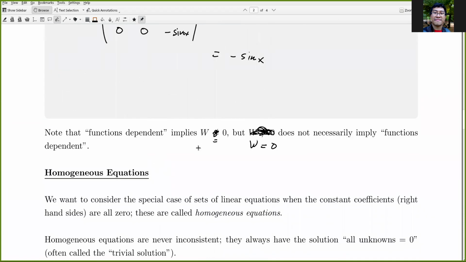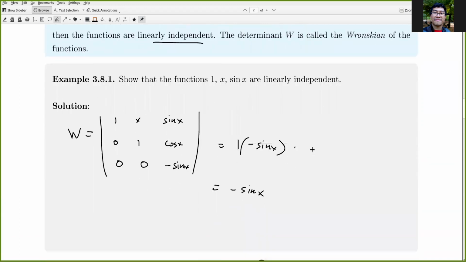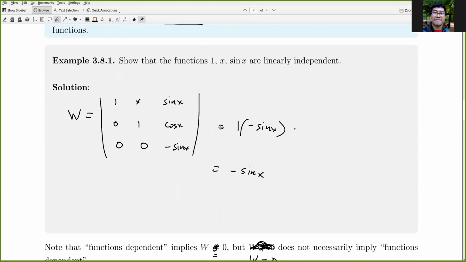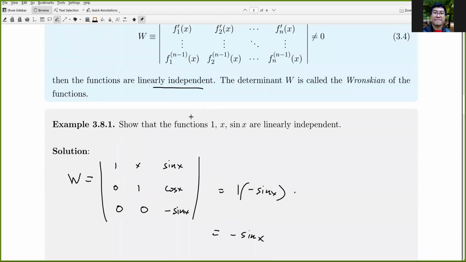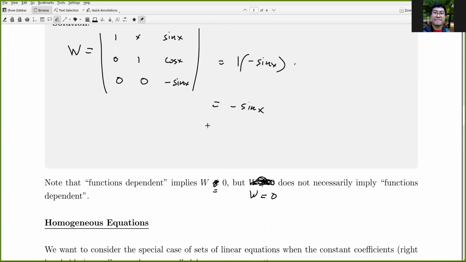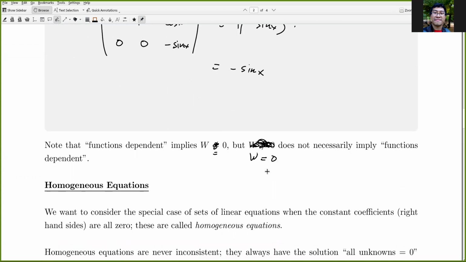But when you solve for the Wronskian without being told initially whether the functions are linearly independent or dependent, one cannot give a conclusion as to which would be the case.